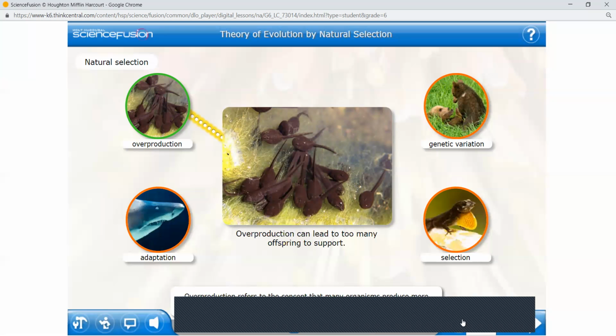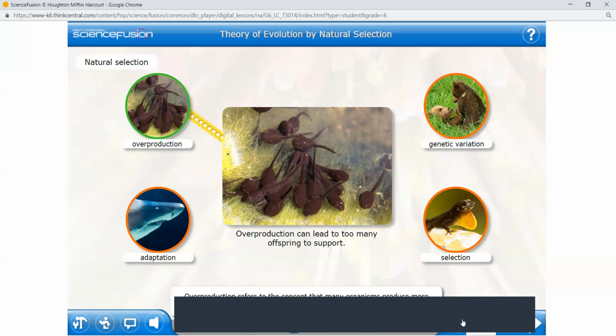I gave you an example of the fishes that I have at home. They give birth to like 14 to 20 fishes at once, but not all will survive because there is more competition. At home, I can give them more food, but normally in the beaches, where they have to stand alone and search for their food, it's not that easy for the baby fish to find food or fight with the competitors.